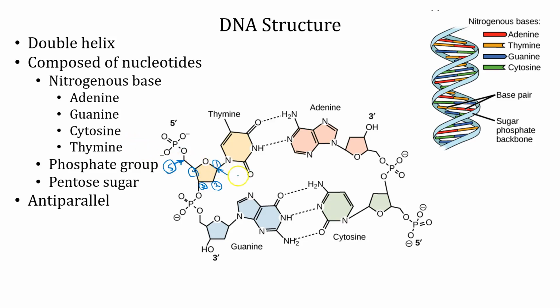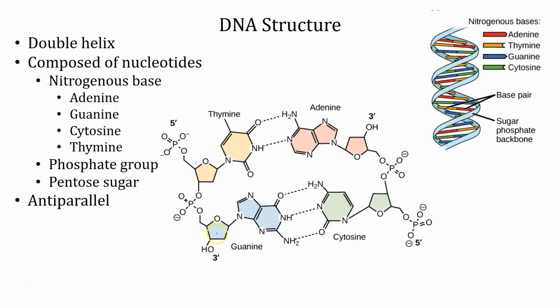Okay, and you can see that the third carbon, the one here, is always facing towards this direction, so that's why we call this the 3' end, whereas the 5th carbon is always facing towards this direction, so we call it 5'. So it really just depends on which carbon is facing which way when we look at the sugar. And I'll give you a little hint.